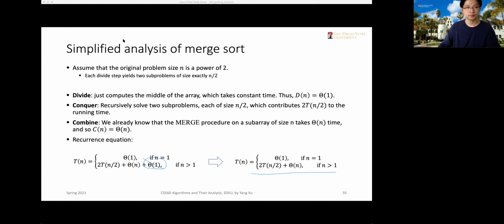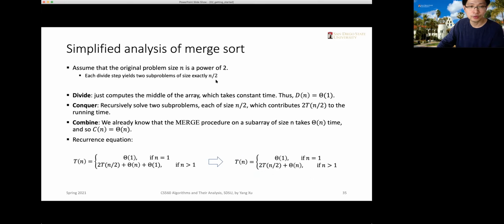First of all, this equation is not the final outcome that we desire. We want a clearly defined analytical solution for T of n, but this form is just an intermediate step. We need to solve for T of n based on all the information we have in this set of equations.